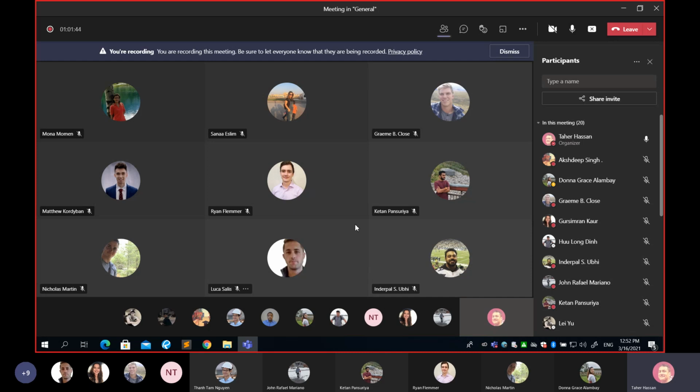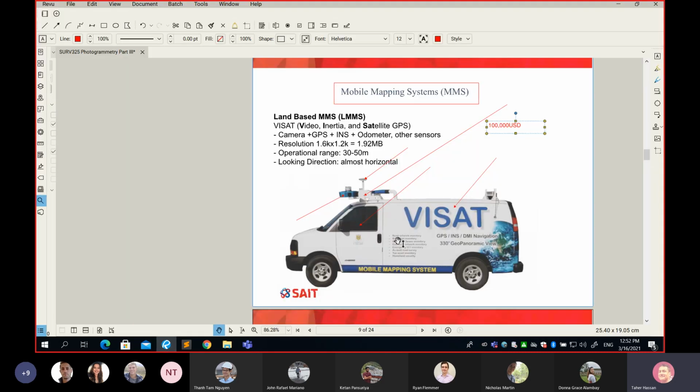This system here, I did some testing back in 2009, and you can get a map with accuracy better than 5 centimeters, which is equivalent to the GPS accuracy, plus or minus 5 centimeters. That's amazing, given the speed of the system.